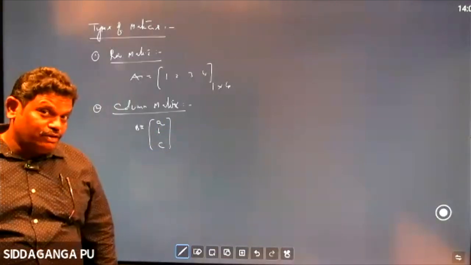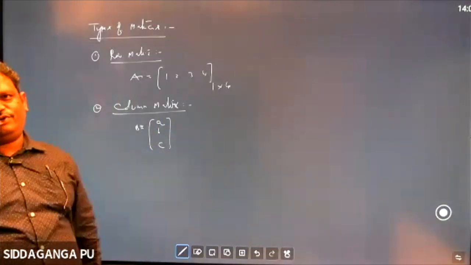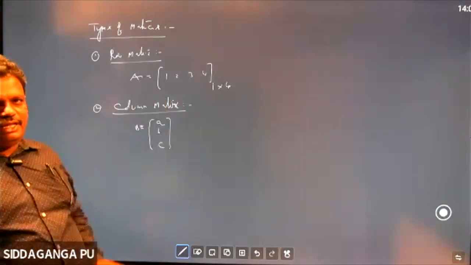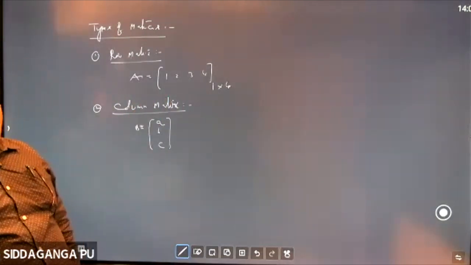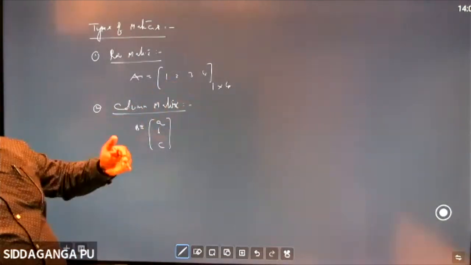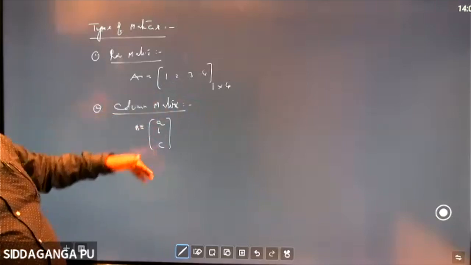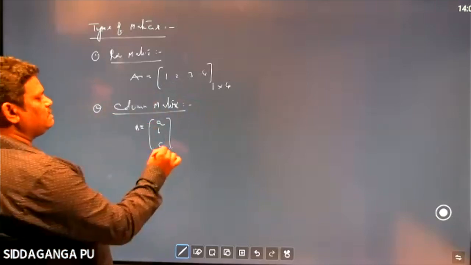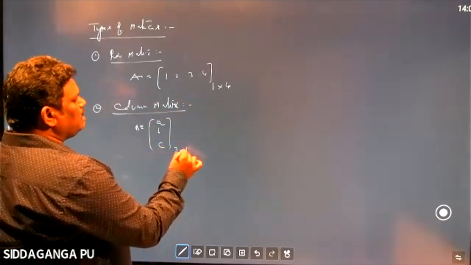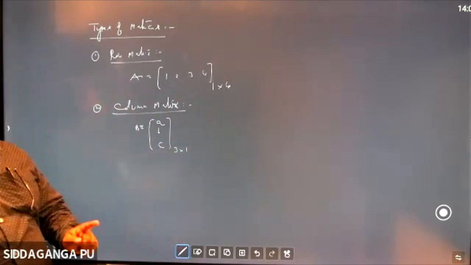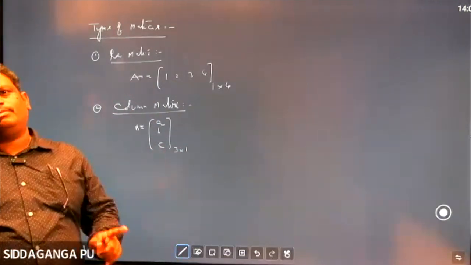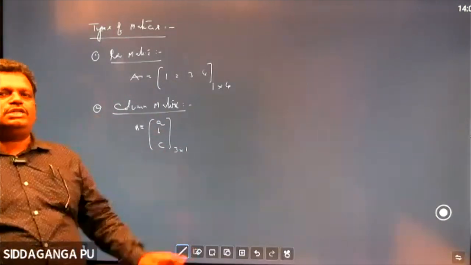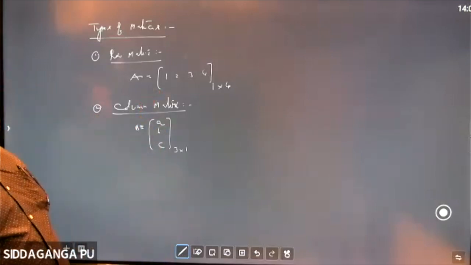Columns are counted from left to right, and here there is only one vertical line, so the column count is one. Rows are top to bottom, 1 2 3, so this is represented as 3 by 1. In a row matrix, the number of rows is always 1. In a column matrix, the number of columns is always 1.